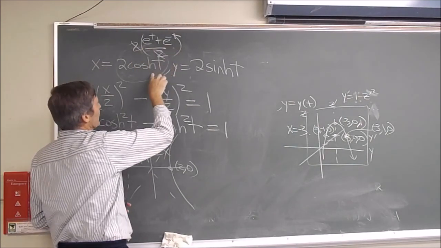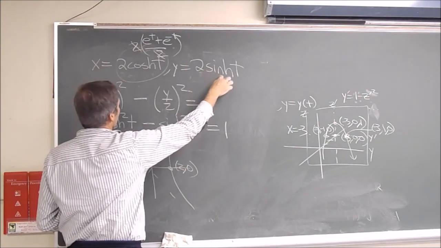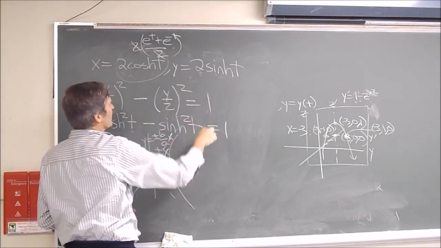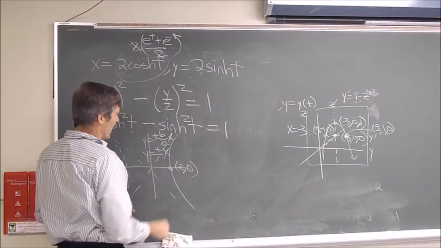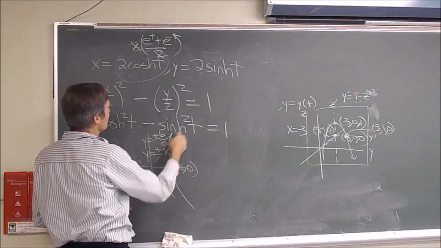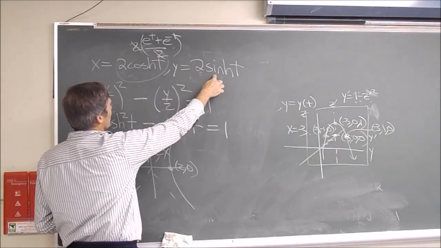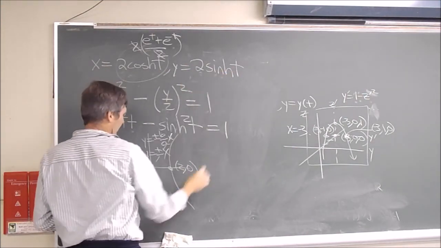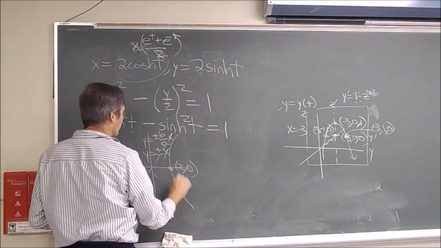This, however, sweeps over all positive and negative coordinates. If the y coordinate is going between plus and minus infinity, but the x coordinate is restricted positive, what we're sweeping out is just this curve right here. And since y goes to minus infinity as t goes to minus infinity, and plus infinity as t goes to infinity, the curve is being swept out this direction.